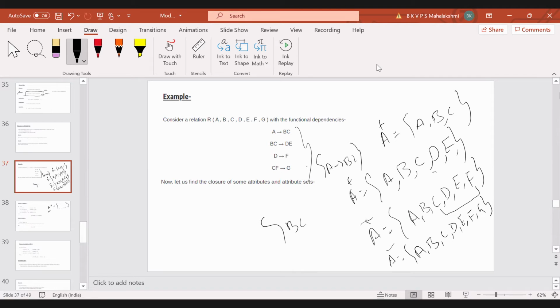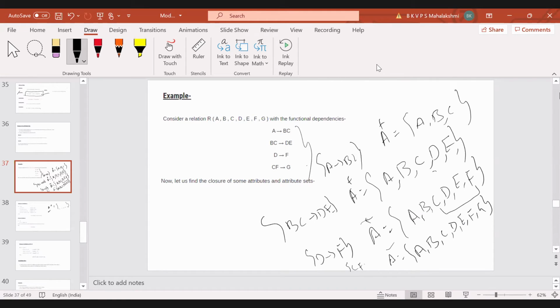This I got from the second functional dependency. And here, D tends to F. This I got from CF tends to G.